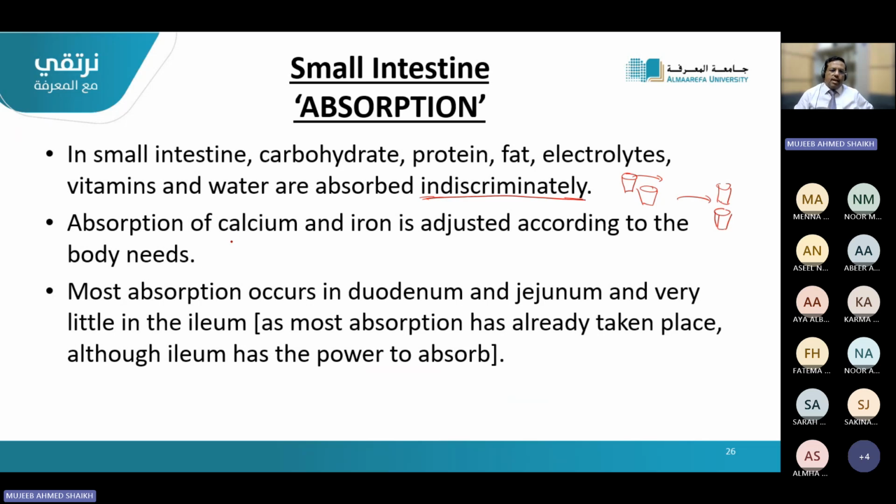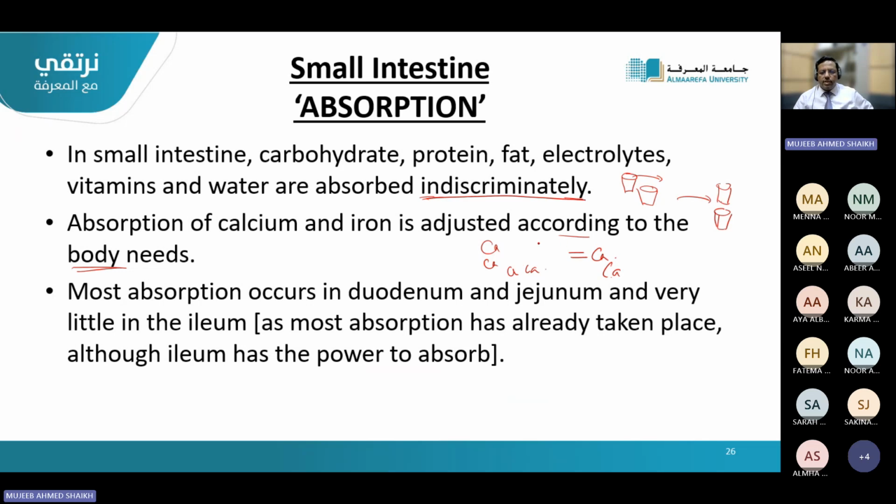Then read the second line. Absorption of calcium and iron is adjusted according to the body's need. That means if the body has a good concentration of calcium, then even though you give a big amount of calcium, still only a little amount is absorbed.